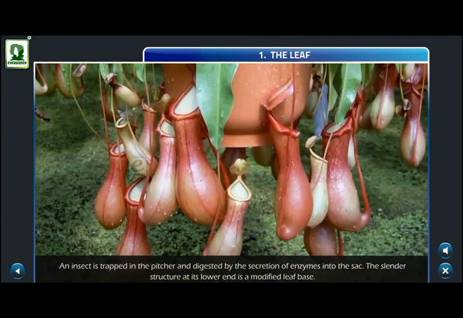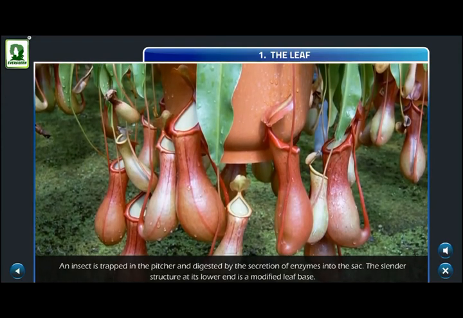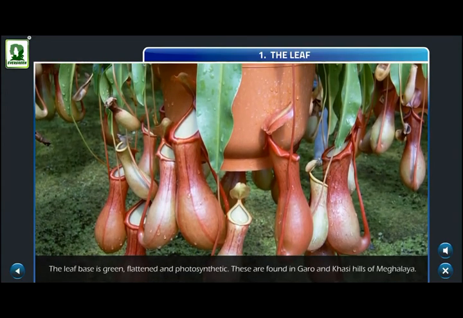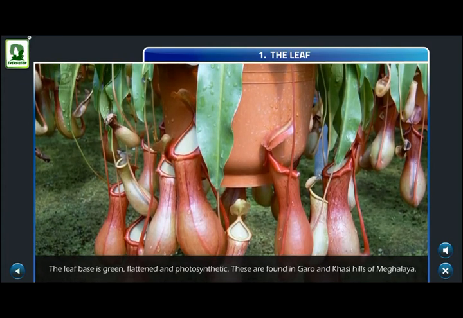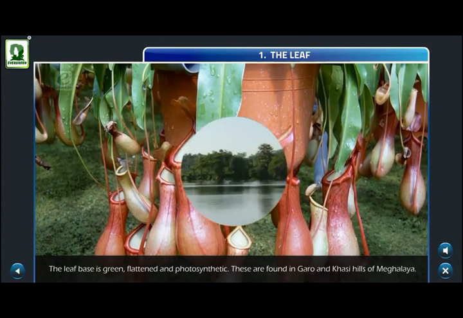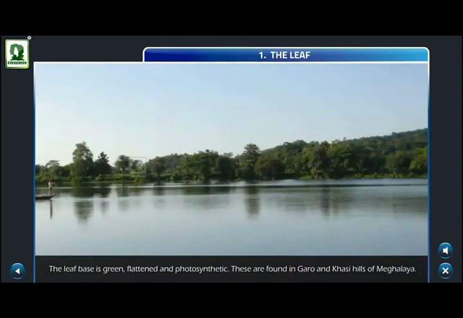The slender structure at its lower end is a modified leaf base. The leaf base is green, flattened and photosynthetic. These are found in Garo and Khasi hills of Meghalaya.